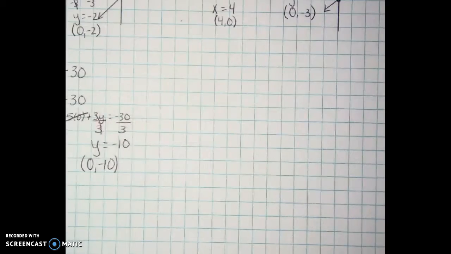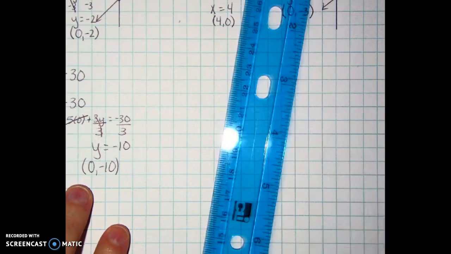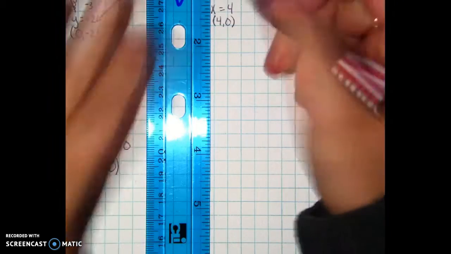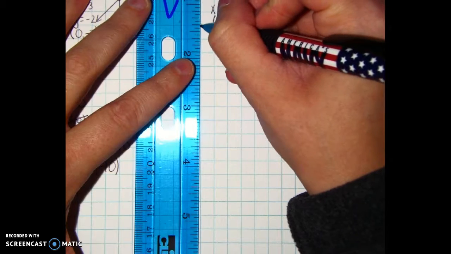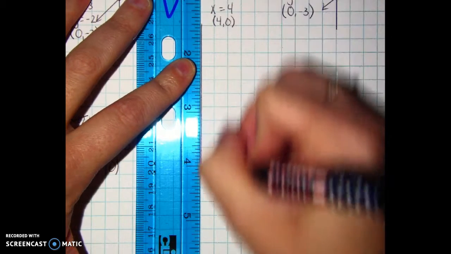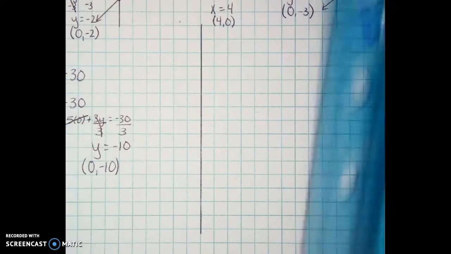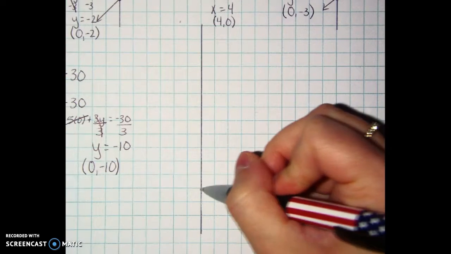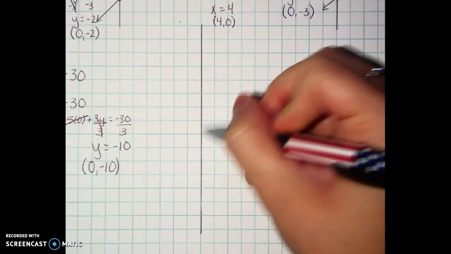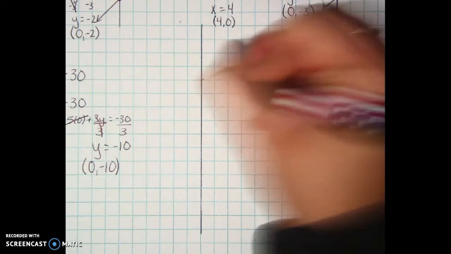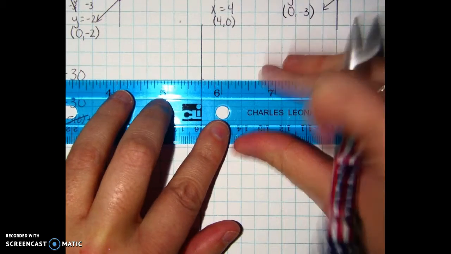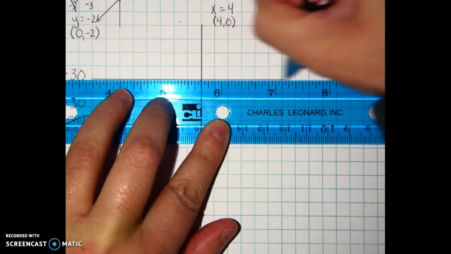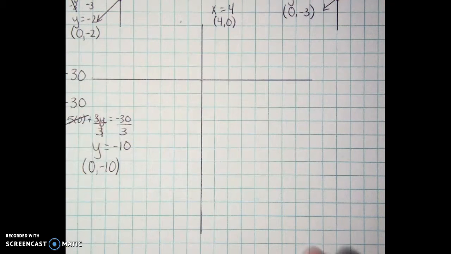Okay, and let's graph it. Negative 10, okay. So this is going to be kind of a larger graph because I gave you a larger number. Okay, so the x-intercept was negative 6, 0.